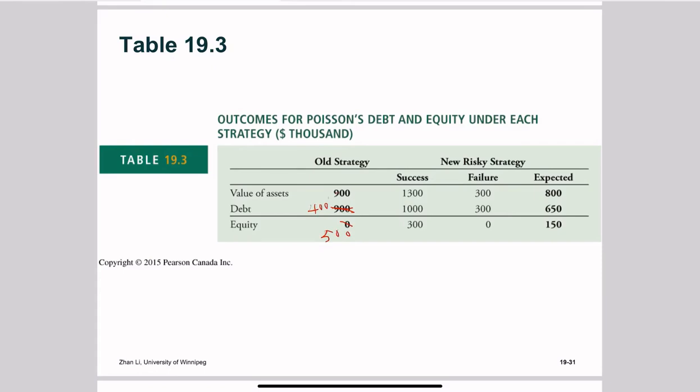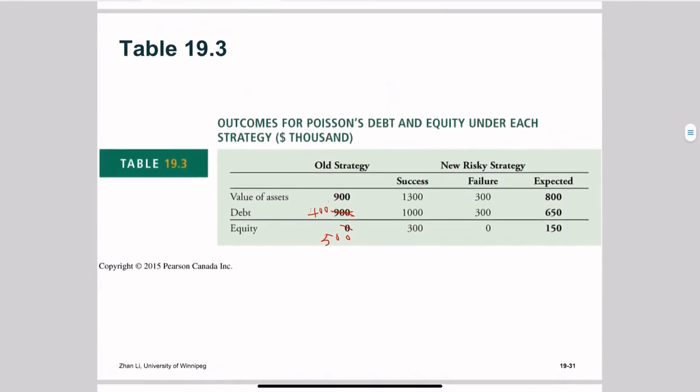So now let's see whether this firm will want to pursue this risky strategy. And we know that if the firm is successful in this new strategy, then its value of asset would be given by this. And if there's a failure, it's $300,000. And now let's see how much debt holders can get.